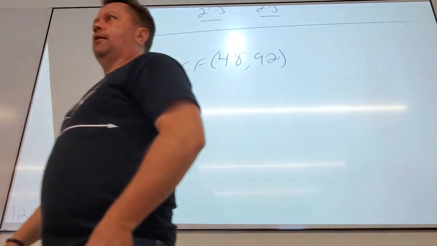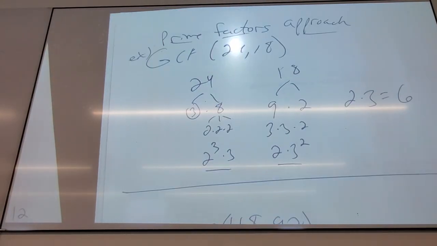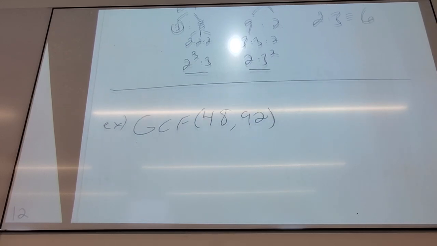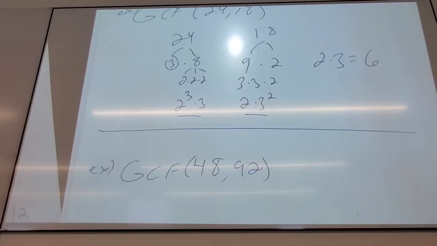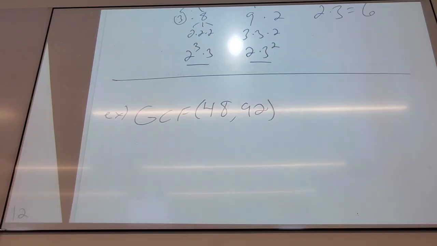Once you get to this size of number, you're not going to do set method. Okay. So go ahead and make prime factor trees for 48 and 92.